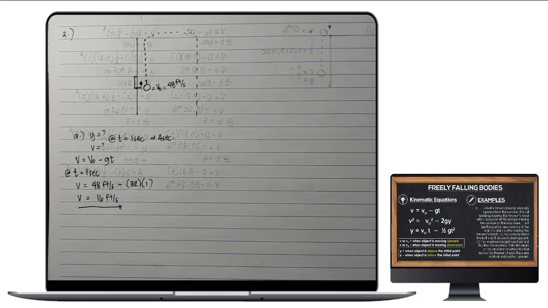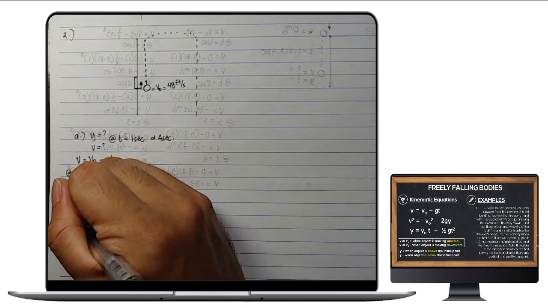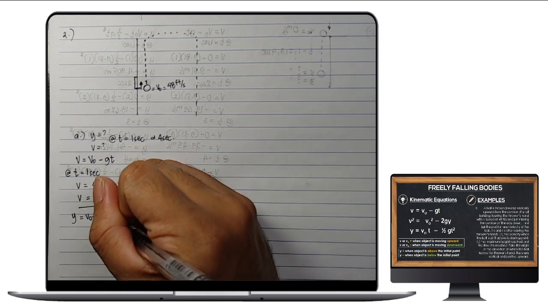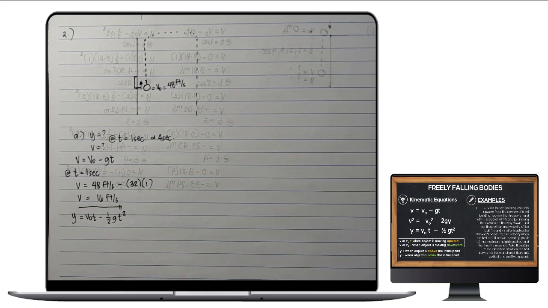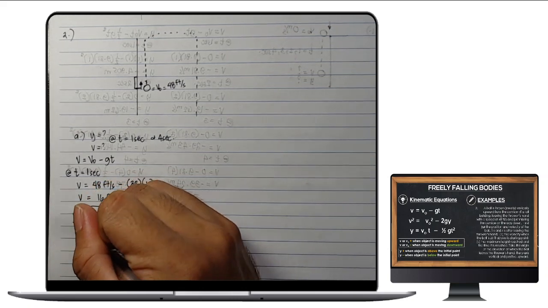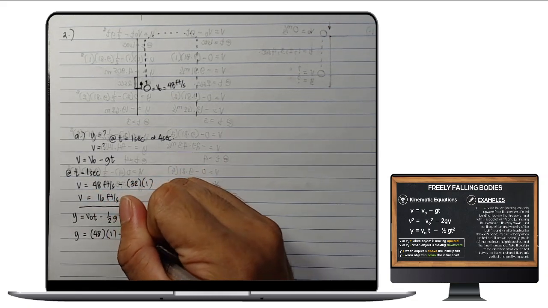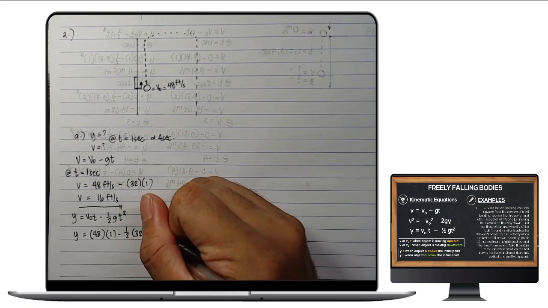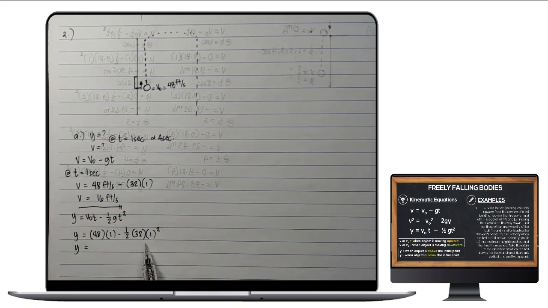Okay? Then, let's find its position. So our y, using the third equation, is v o t minus 1 half g t squared. So y is equal to 48 times 1 second minus 1 half times g, which is 32 feet per second squared, times 1 squared. So y will be 48 minus 32 over 2, or 48 minus 16.